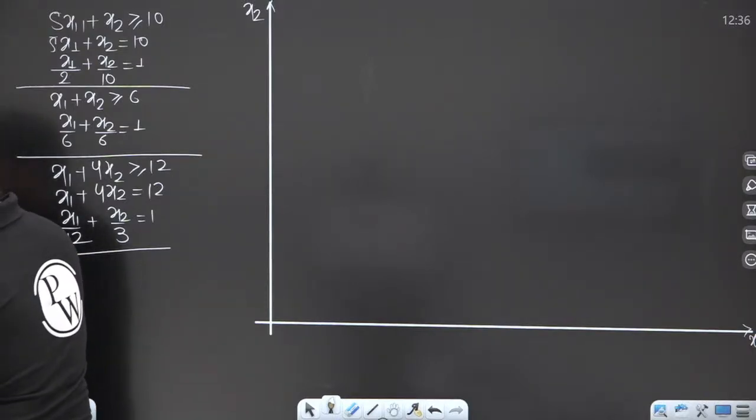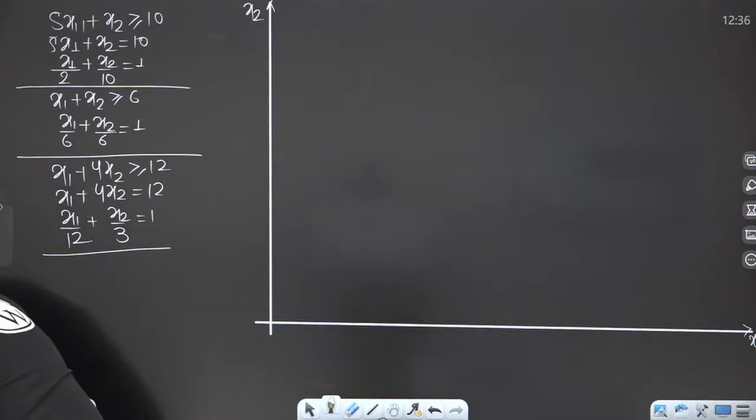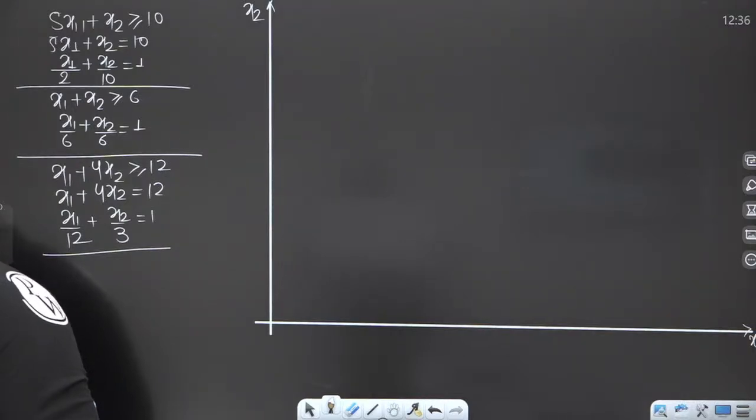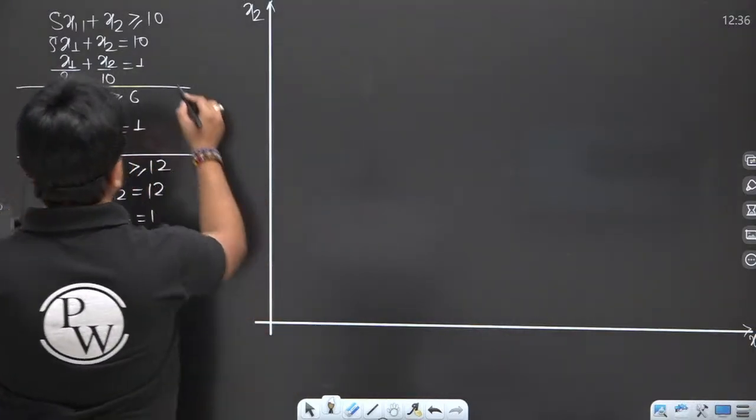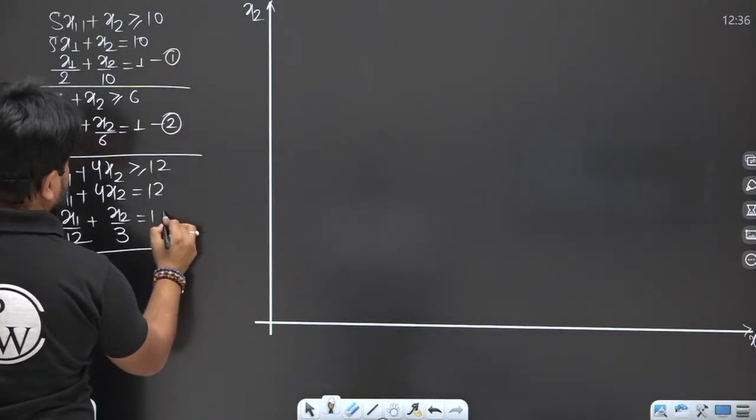Right. Now you have to draw the graph. So what will be the graph? Now this is line 1. Let's say this is line 1, this is line 2, and this is line 3.